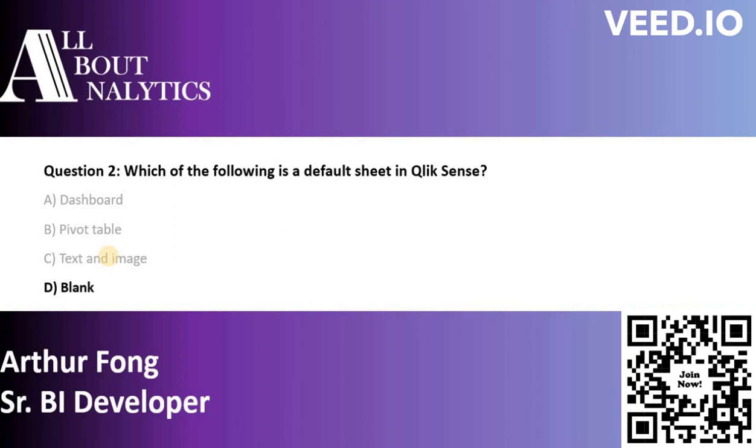and add them into sheets if you think they are useful for your use case. Now, third question, which of the following is a measure in Qlik Sense? And the answer is sales. First of all, a measure is a field that can be calculated numerically. In this case, we can calculate the sum of sales, and it would be more meaningful if we break it down into different dimensions.